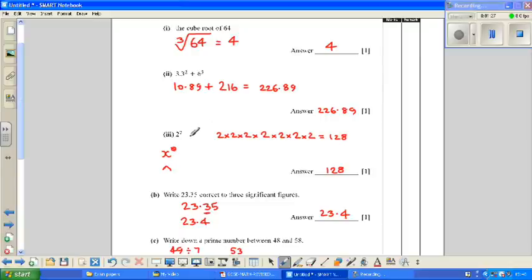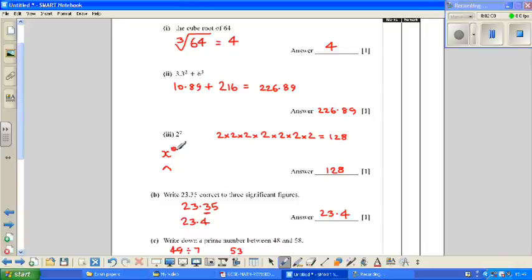Next one, 2 to the power of 7. There's a special power button on your calculator again for putting in higher powers. So this is 2 to the power of 7, which you can think of either as 2 times 2 times 2 times 2 times 2 times 2 times 2, in other words, 7 2's multiplied together. You can work it out that way. Or there's a special power button which looks on some calculators like an X with a little square where the power number should be.